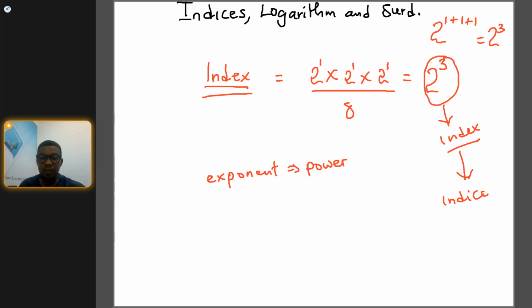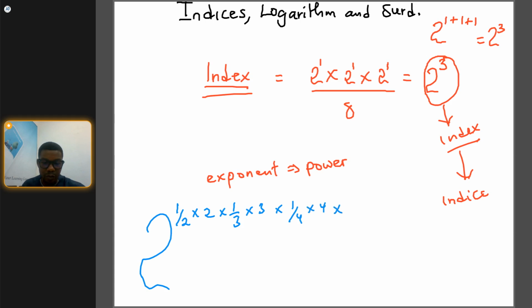All right, before we kickstart, I want to have a warm-up with us. I want us to follow me. Let's consider this question: 2 raised to the power of 1 over 2 times 2 times 1 over 3 times 3 times 1 over 4 times 4 times 1 over 5 times 5.